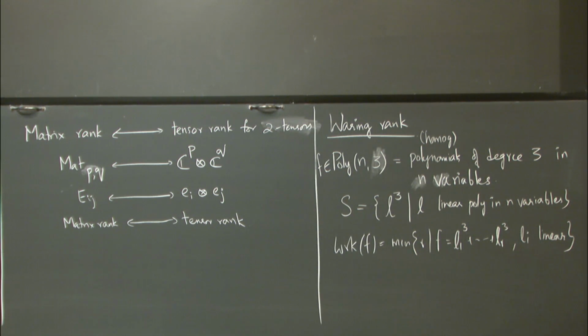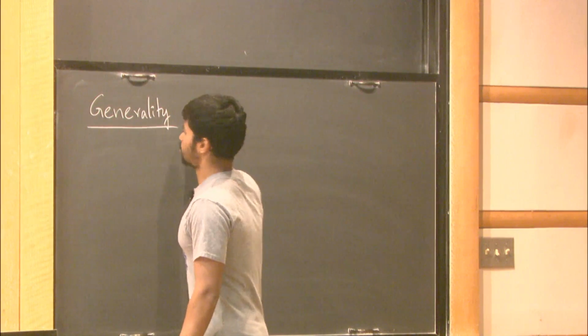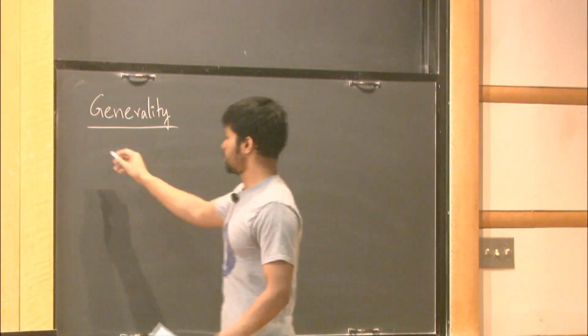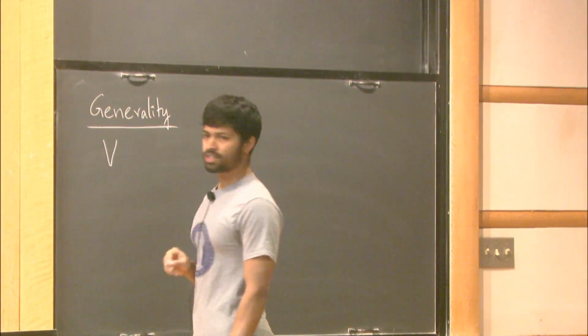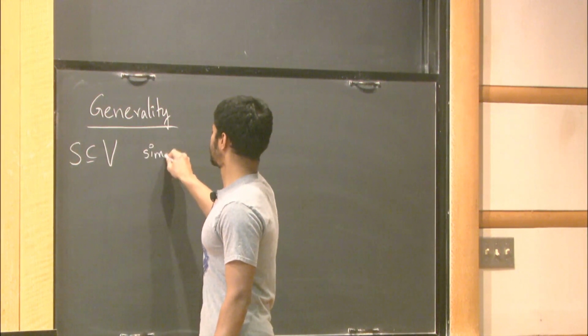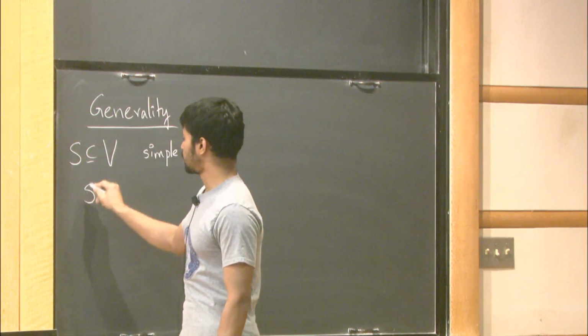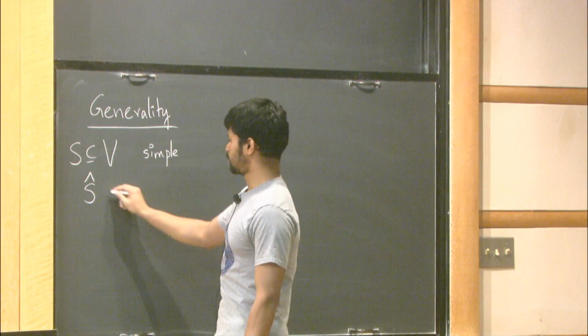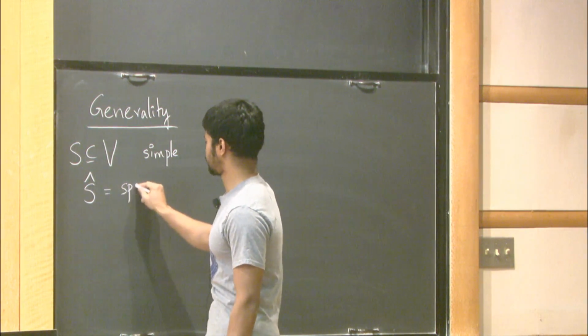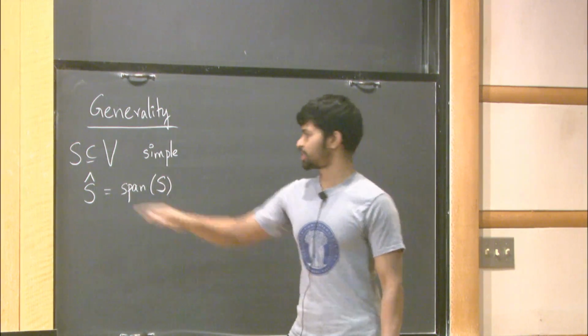And all of these fit inside a great generality, where you don't really have to worry about what these things are. You just have some vector space and you have a subset of it, which is simples, which you think of as a simple set. And then you consider S hat, which I will call the span of S. It's a subset of the vector space.